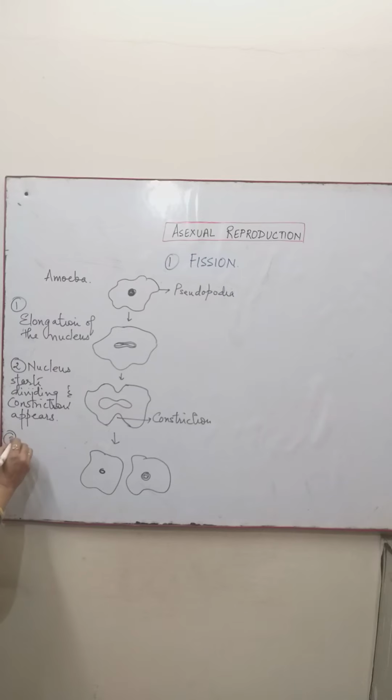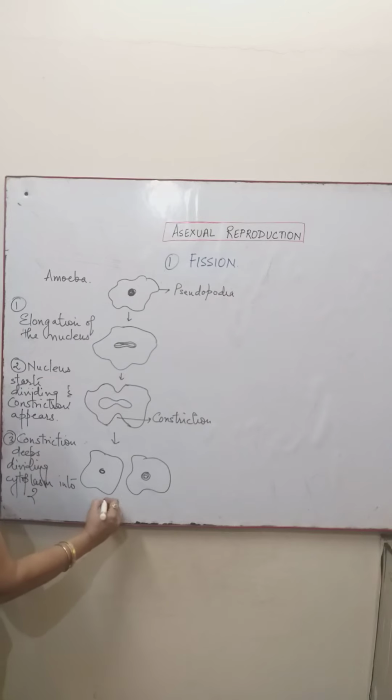Third, the constriction deepens, dividing the cell organelles, so we say cytoplasm, into two.